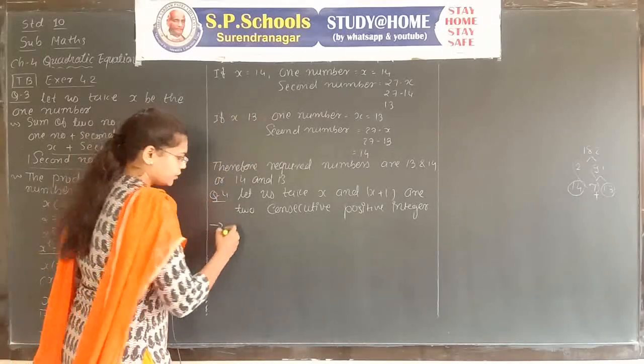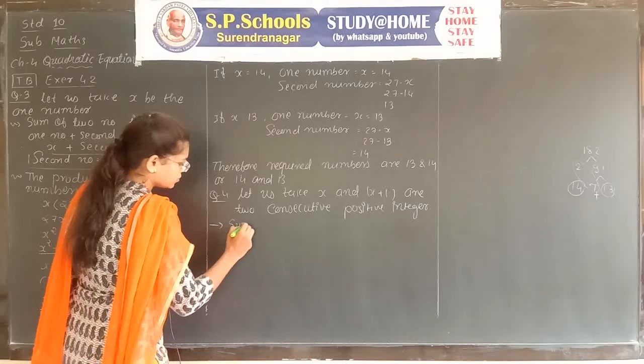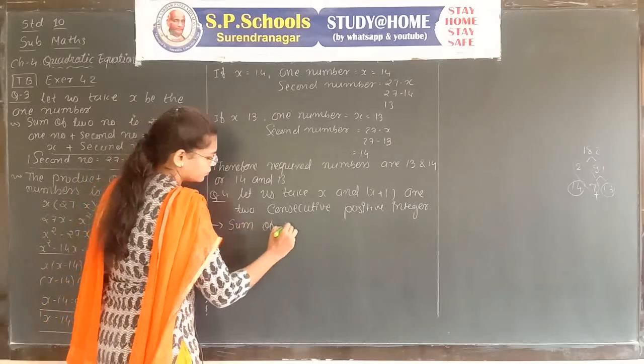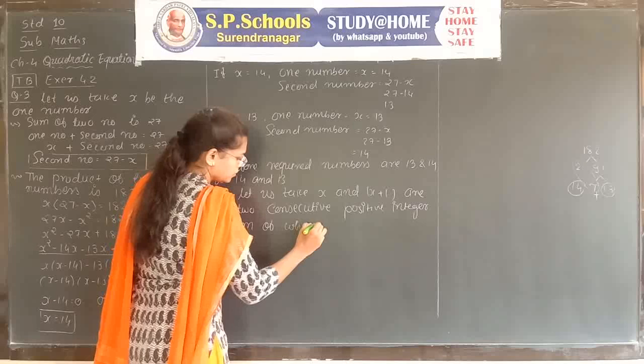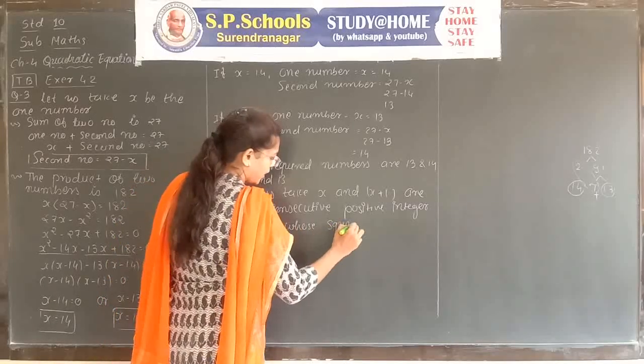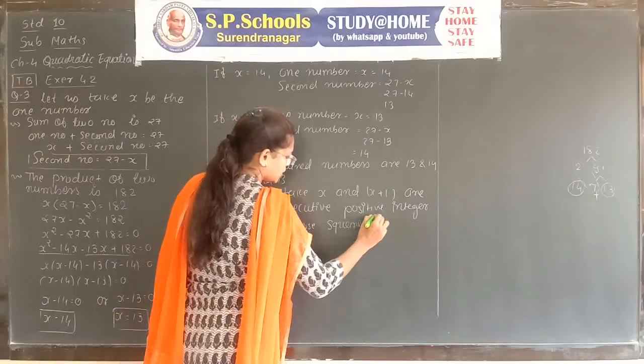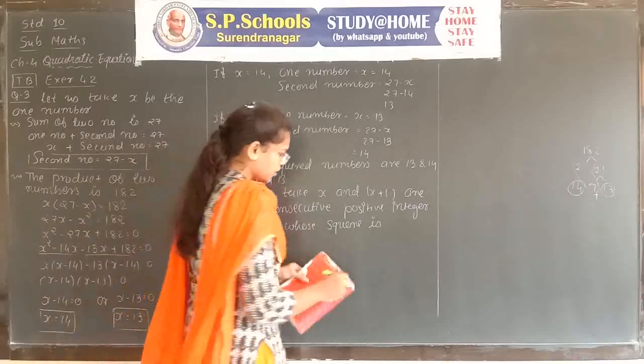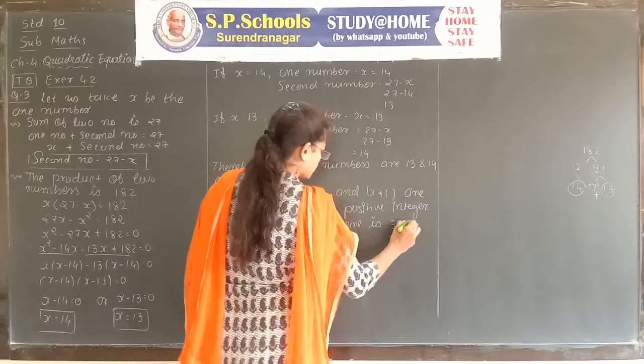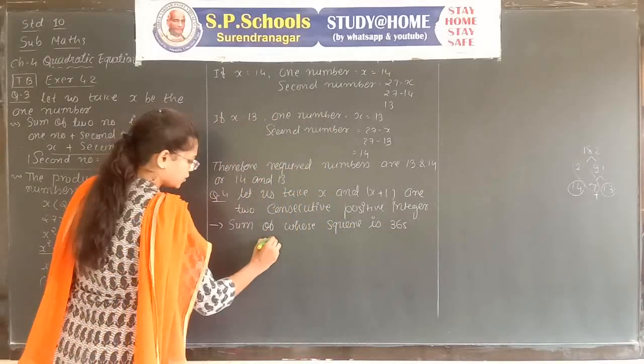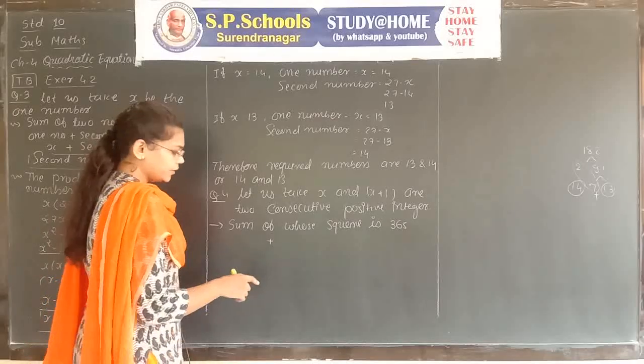To obtain an equation, the sum of whose squares is 365. Sum means addition, but of what?